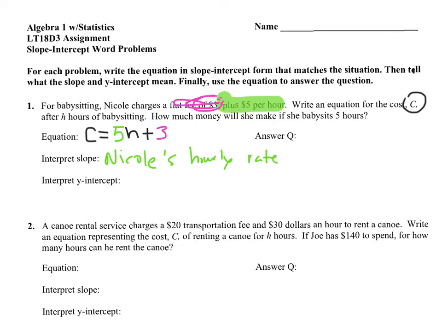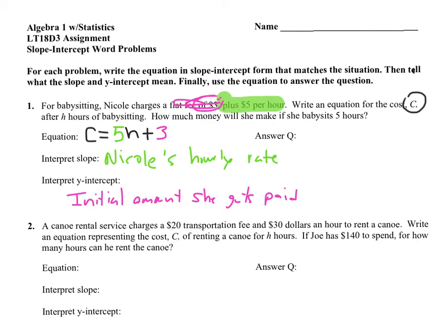So the y-intercept is the initial amount you have to pay her. So no matter what, she's making that $3. She stops at your house, she makes $3, and then every hour after that she earns another $5 on top of the $3 you already paid.